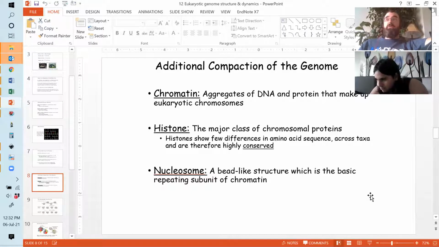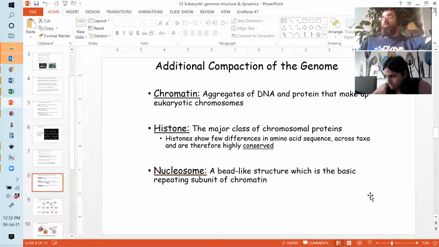So it doesn't differ much between bony fish versus cartilaginous fish, or fish and mammals and whatever, right? And so the more conserved that gene is, basically the more critical it is for the function of that organism. And so what that's telling you is that typically any mutations that occur in that gene are bad.